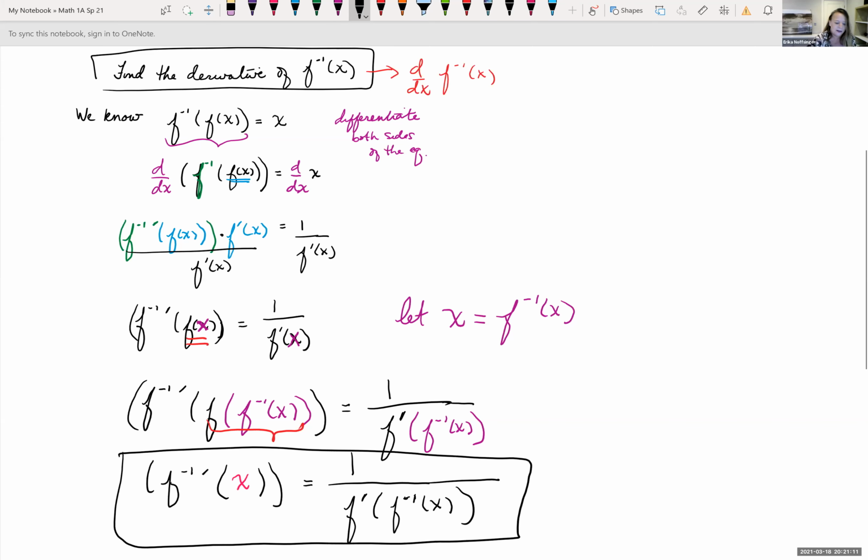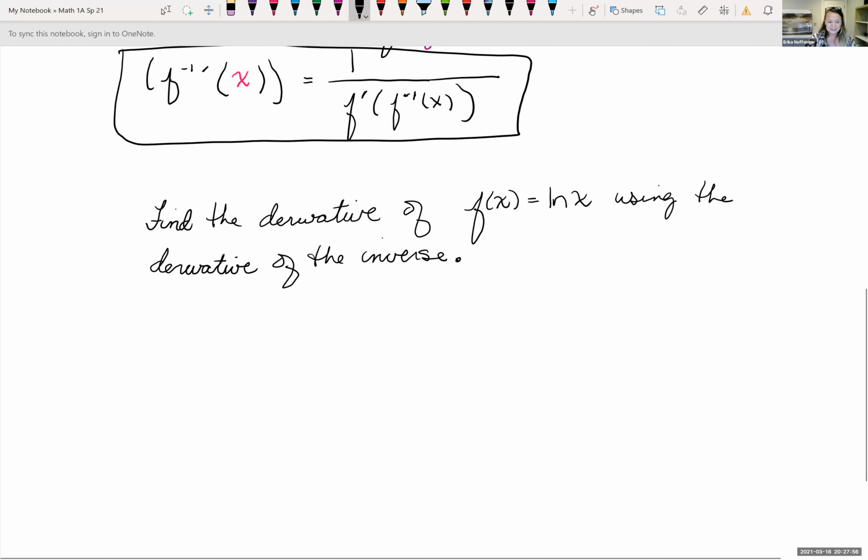Let me pause for a second and then we'll see if you have any questions, and then let's use this fact right here to derive the derivative of natural log of x, which we found yesterday to be 1 over x. Okay, so we're going to look at the derivative of the natural log of x. Again, we derived that yesterday by using the difference quotient and the limit as h goes to 0.